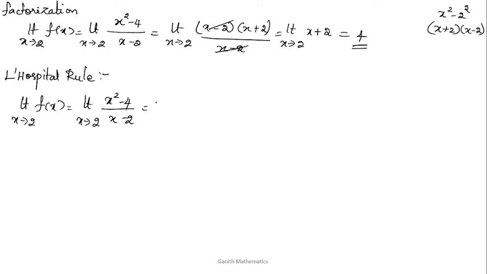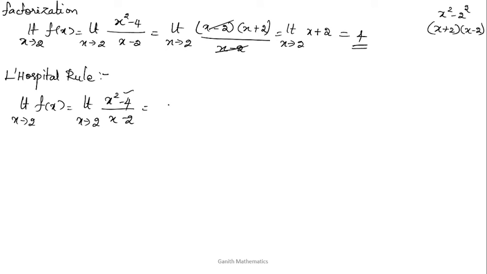What you are going to do is differentiate the numerator separately and differentiate the denominator separately. You do this until the indeterminate form gets cancelled, and then apply the limits.